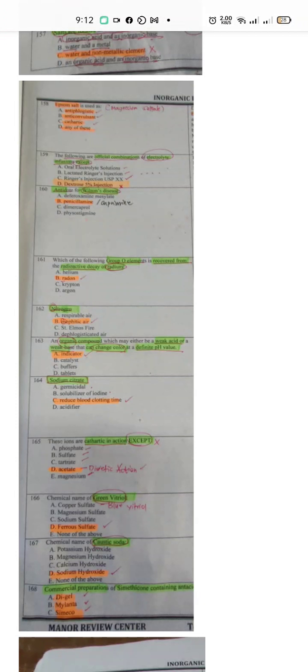Okay, 163. An organic compound which may either be a weak acid or a weak base that can change color at a definite pH value is your indicator. So your indicator may either be a weak acid or a weak base. Okay.